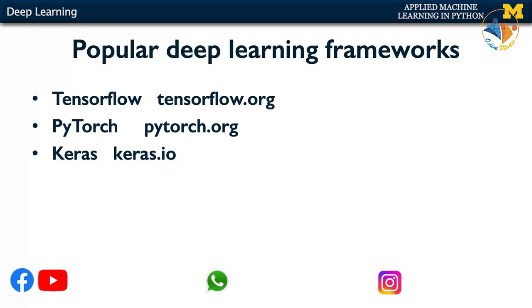TensorFlow, PyTorch, and Keras are currently among the most widely used deep learning frameworks. TensorFlow is an end-to-end open source platform for machine learning. It has a comprehensive, flexible ecosystem of tools, libraries, and community resources, and it supports both high-level programming interfaces and low-level core computational services. PyTorch was developed by Facebook's AI research group and open-sourced on GitHub in 2017.